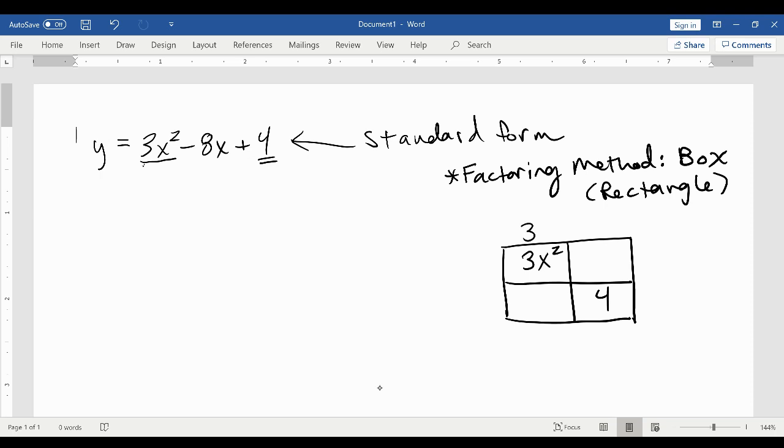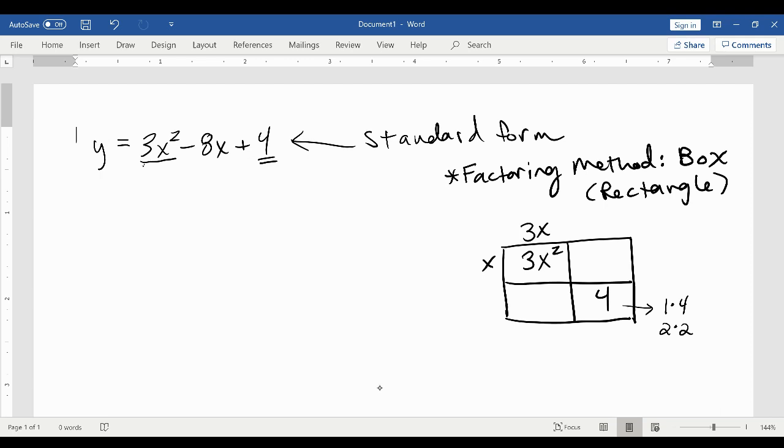So I know it's going to be 3x times x. And then I try to figure out, well, what is going to multiply to give 4? Well, there's two options. It could be a 1 times a 4 or a 2 times a 2. And so I need to pick one to start with, and I just kind of guess and check.